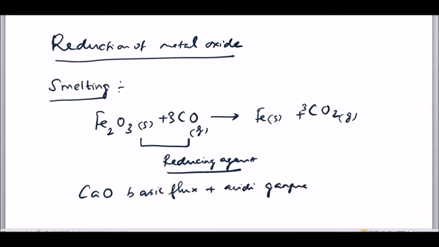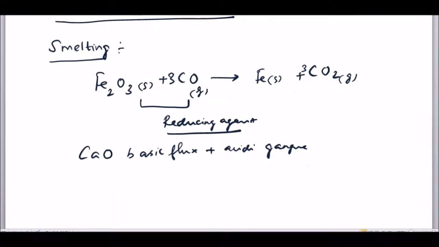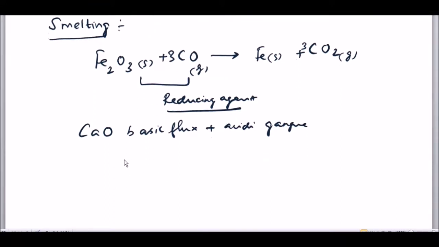See the combination. This is the basic flux, calcium oxide, and it is going to combine with acidic gangue SiO2 to form CaSiO3.